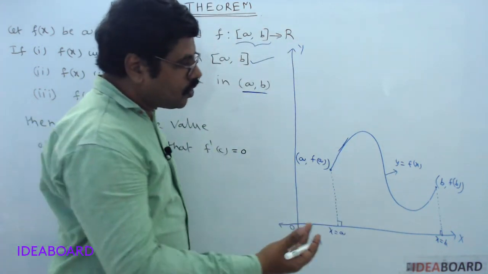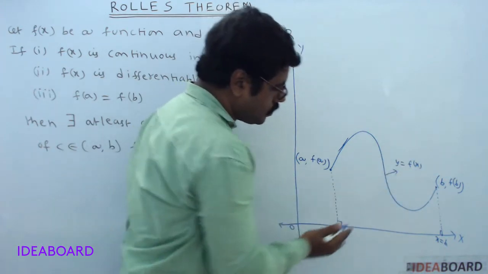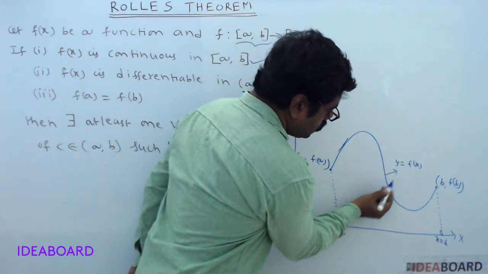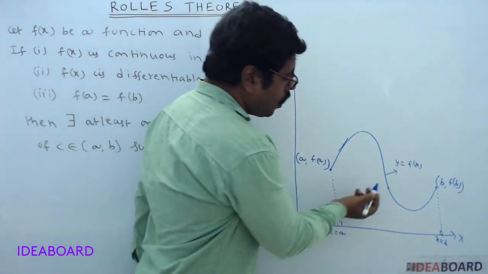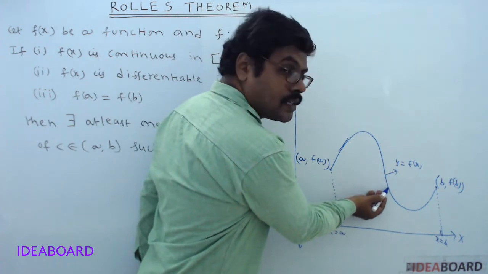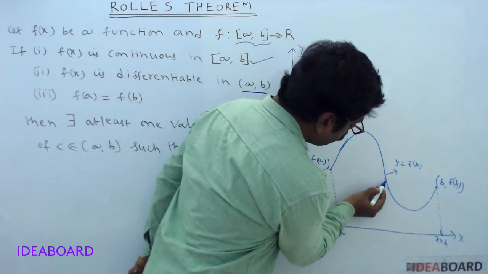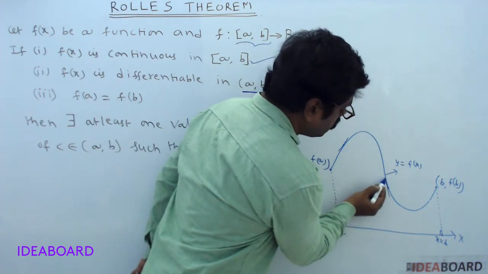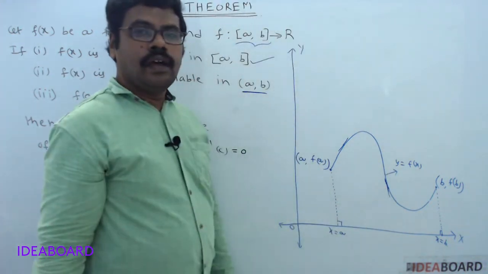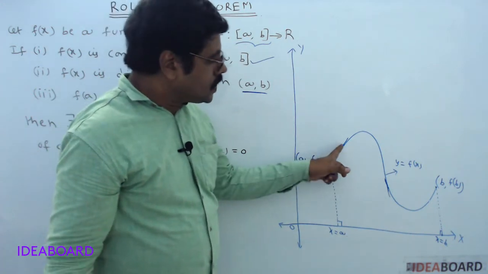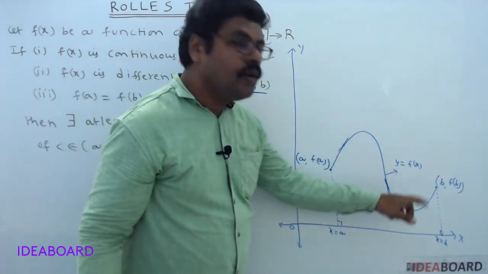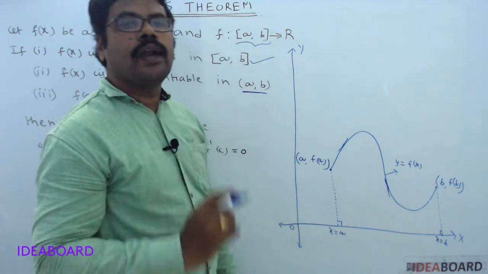Now select one more point on this curve. Suppose this is a point on the curve. How many tangents can you draw at this point? Again only one tangent. This is the tangent line. Like that, if you select any point on the curve, you can draw only one tangent.